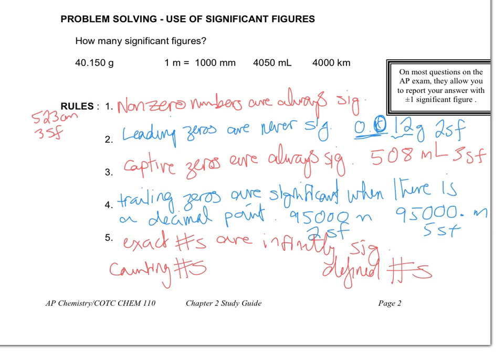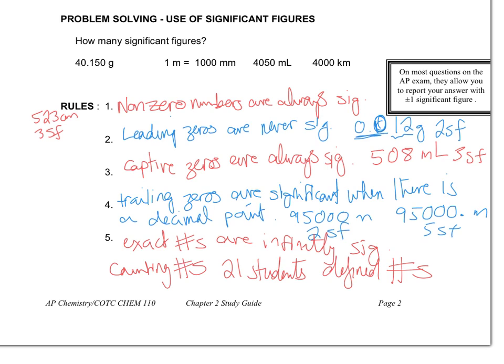So, for example, if I'm in a classroom and I count that I have 21 students, I can't have 21.5 students, I can't have 21.02 students. I counted 21 students. So counting numbers are infinitely significant. I have exactly 21 students. I can never have a fraction of a student because I counted it. So that number would not be 2 sig figs, it would be an infinite number of sig figs.